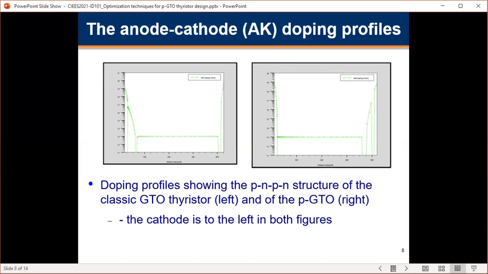And to the right, we see the doping profile for the new P- GTO, which has a low doped P base. The cathode in these pictures is to the left. So we have PN right to the left.